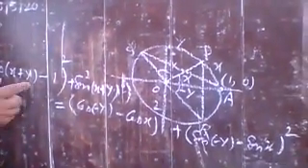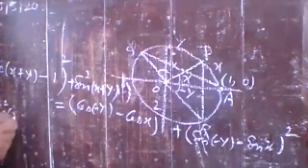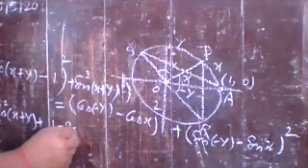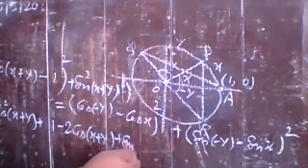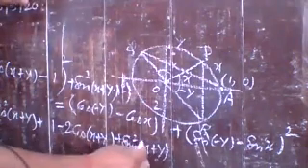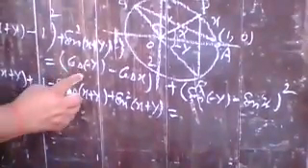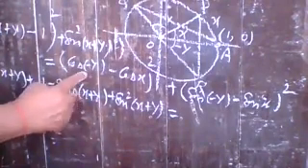Now expanding with the a plus b whole square formula, you have cos square x plus y plus 1 minus 2 cos x plus y plus sine square x plus y. Note that cos of minus y is cos y, and cos of minus x is cos x, so it becomes positive.